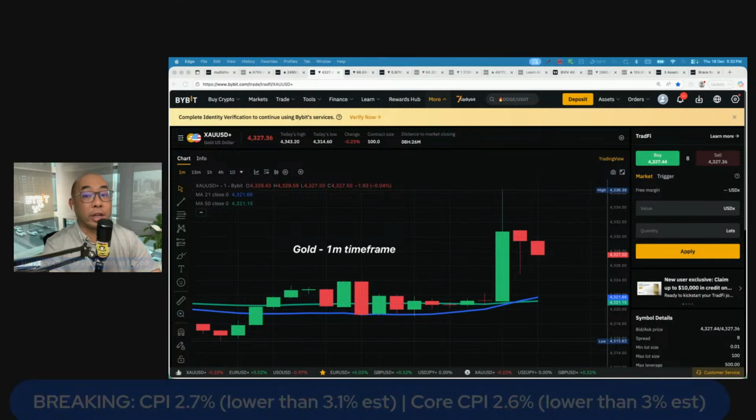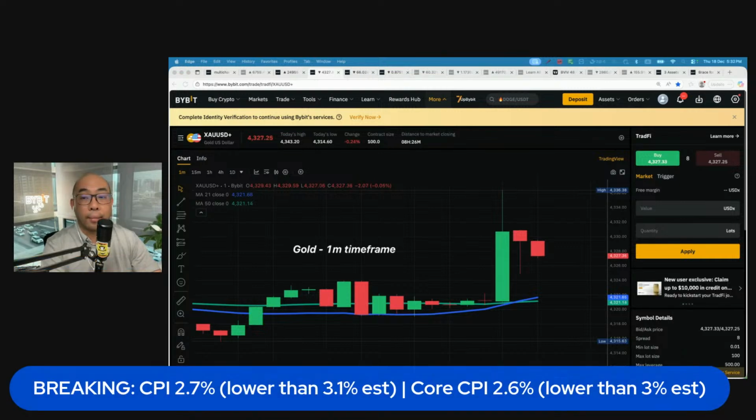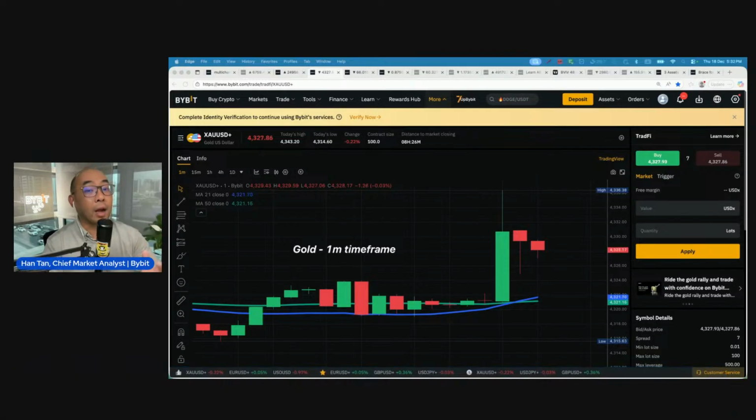Now, if the official numbers had come in higher than expected, that means the Fed may not be allowed to cut interest rates in January. Then we could have seen gold going down. So phase one is you get in before, and it's riskier. You have to hope that the official data comes out the way you expect it to.